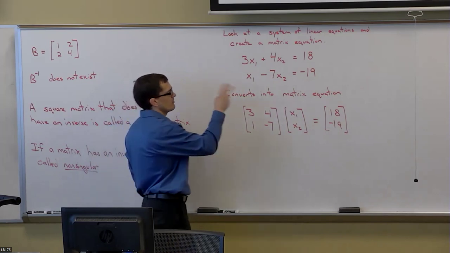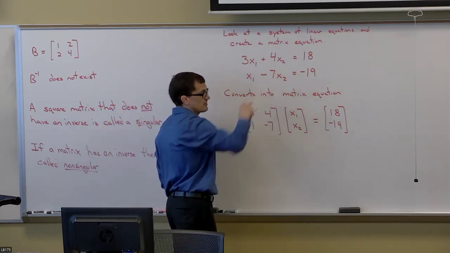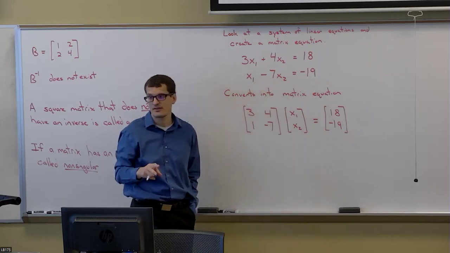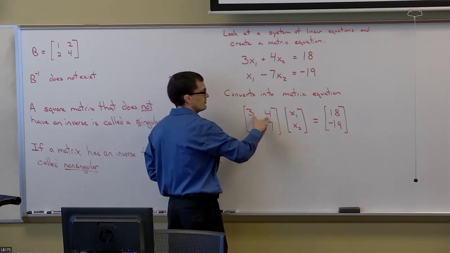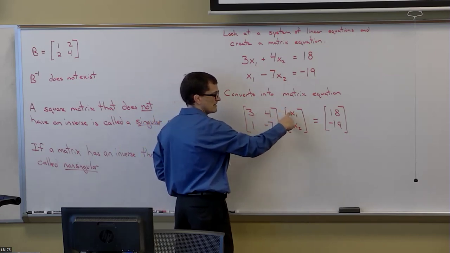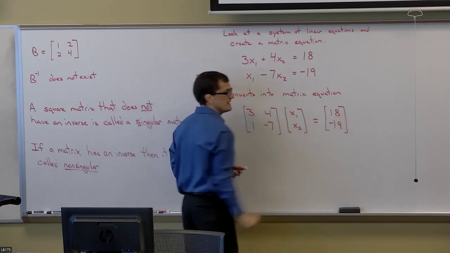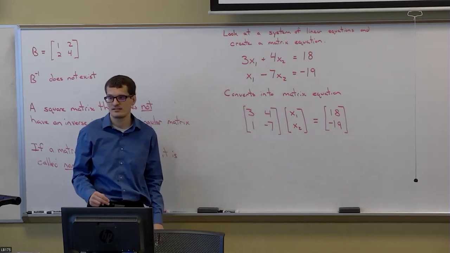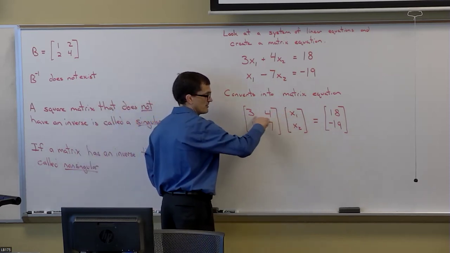I want you to notice that these two things are the same. Because what you would do is take this 3, 4, and multiply it times x1, x2 to get 18 as your first entry. When I multiply it, I have to turn it vertical.